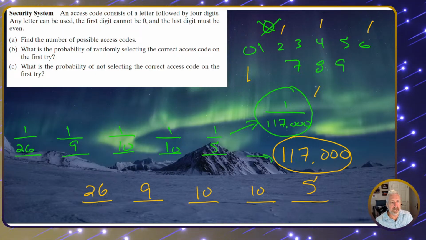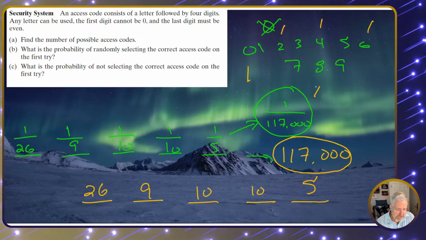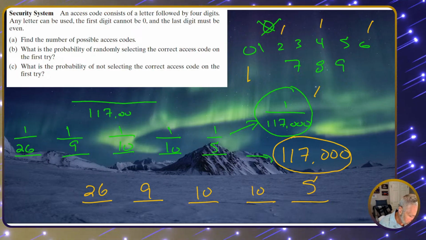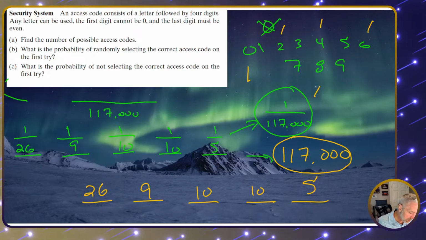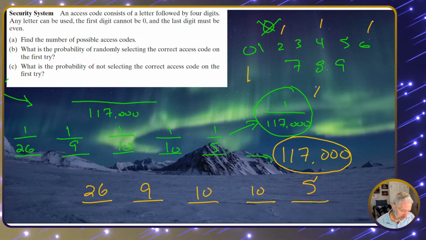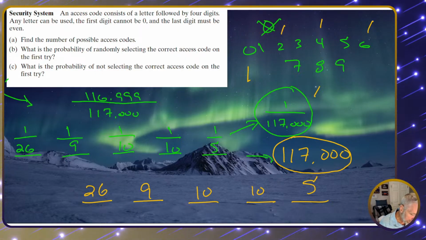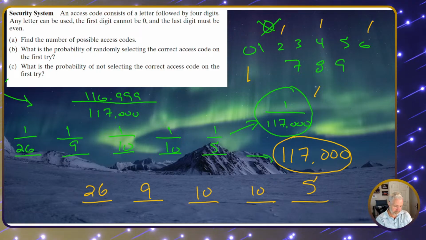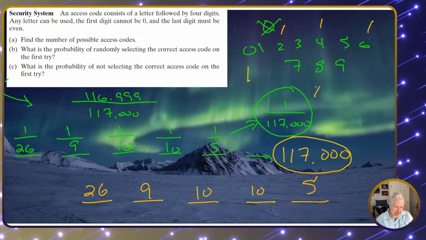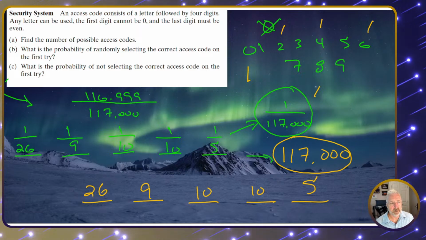Well, if the probability of selecting the correct access code on the first try is 1 out of 117,000, then this is C, still 117,000 in the denominator, but instead of 1 out of that, you've got 116,999. Yep. So there it is. That is the answer to C, the probability of not selecting the correct access code on the first try.